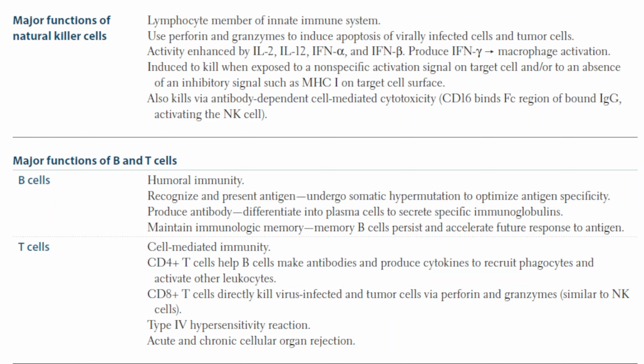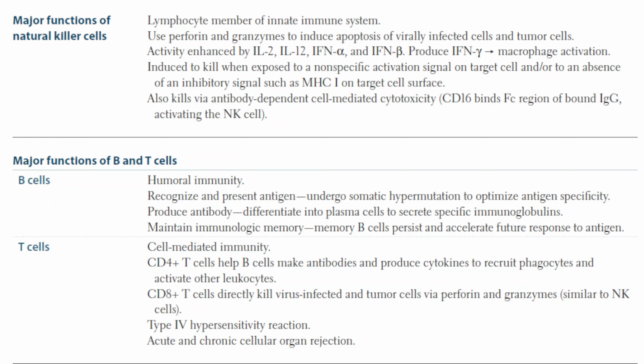So let's jump now into the major function of B and T cells. B cells, humoral immunity. So remember, B cells recognize and present antigen, undergo somatic hypermutation to optimize antigen specificity, and produce antibody. They differentiate into plasma cells to secrete a specific immunoglobulin.